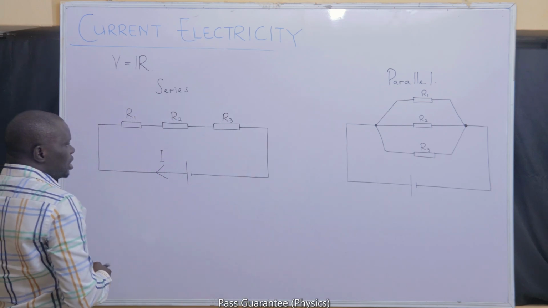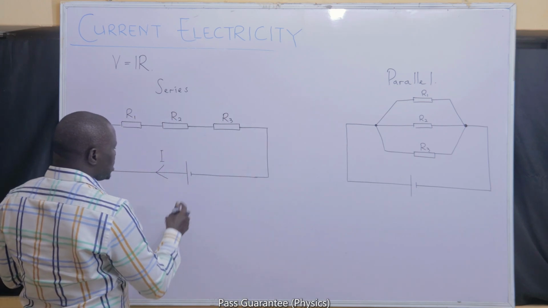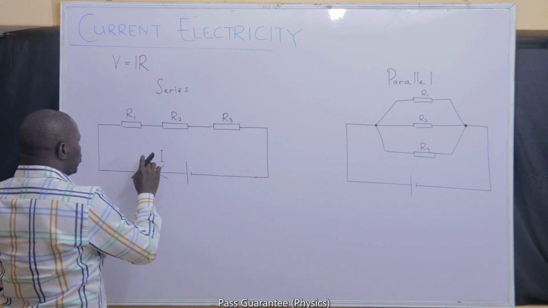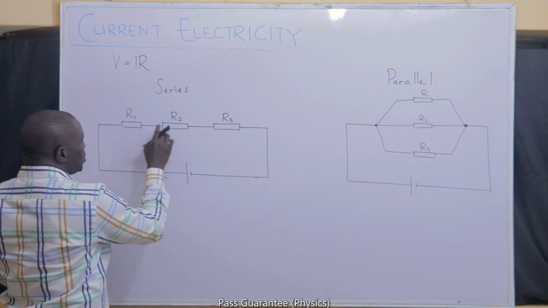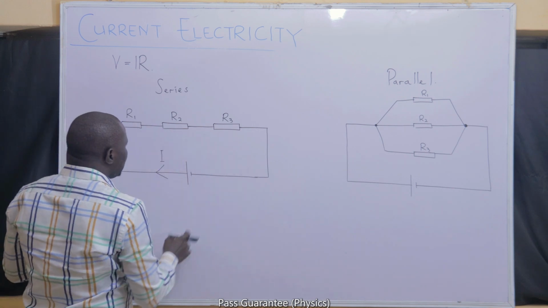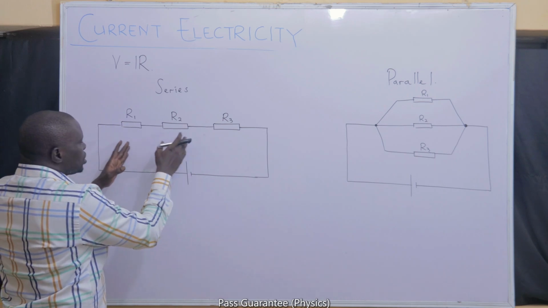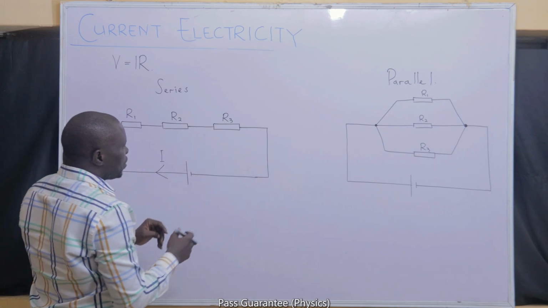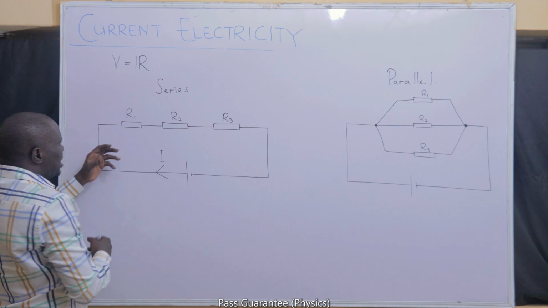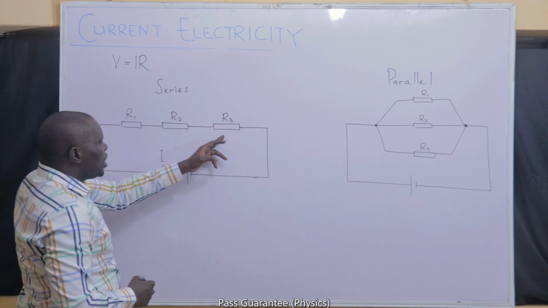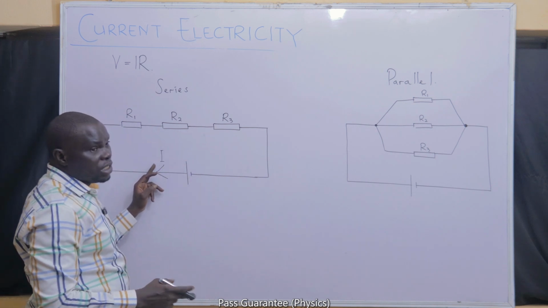But that is not the same for potential difference. For this cell to drive this current through each of these resistors, the potential difference applied across the ends of each will be different. Because we know technically that the resistance that each of them will offer to the flow of this current will differ.